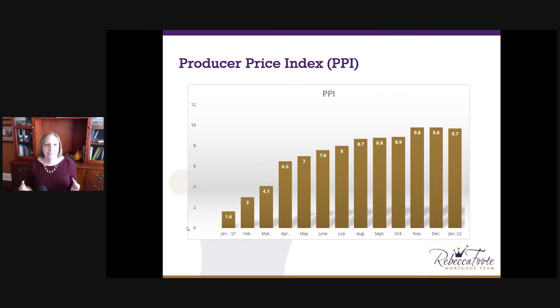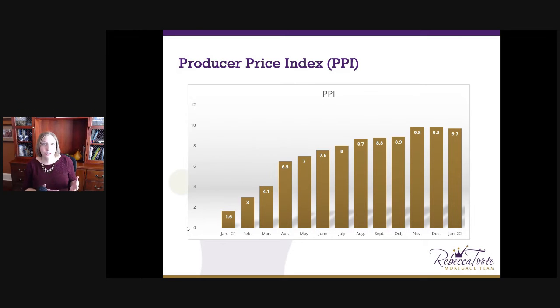And what this means, though, this is the cost that producers, the manufacturers, their cost of goods, what it's costing them to produce the goods that the consumers are buying. So right now, it's costing manufacturers basically 10% more to produce the goods that consumers are buying at 7.5% more.